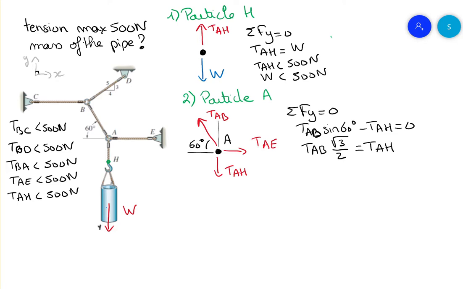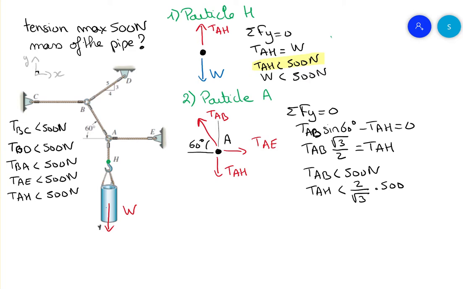Okay, so either we have TAH less than 500 Newton, but that's already this one. But we also need TAB less than 500 Newton. That means that TAH must be less than 2 divided by square root of 3 times 500 Newton. And this one is 2 times 500 divided by square root of 3.